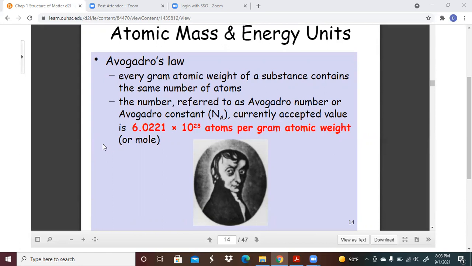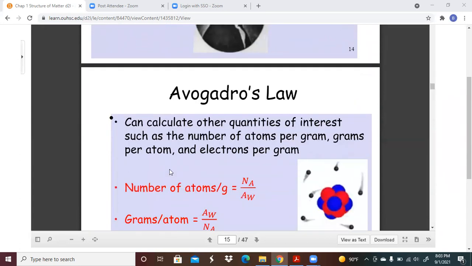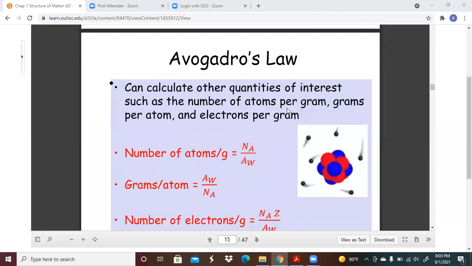That number, referred to as Avogadro's number, or Avogadro's constant, N sub A, has a currently accepted value of 6.0221 times 10 to the 23rd atoms per gram atomic weight. Gram atomic weight uses the same definition as mole.